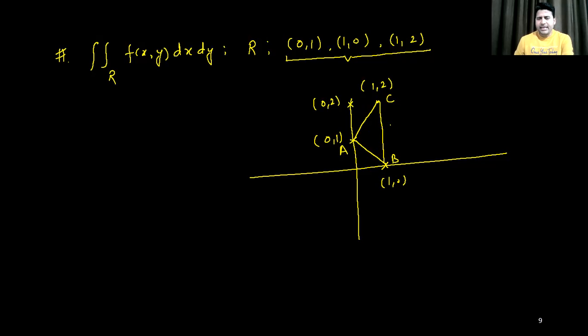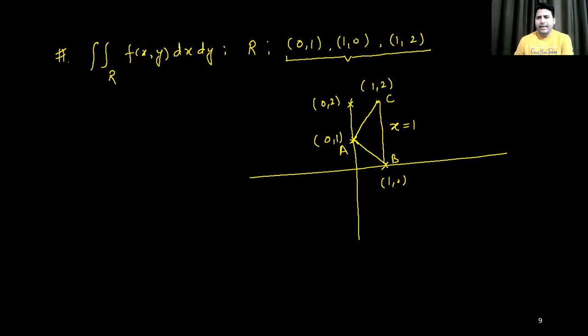As we can see, the equation of this line BC is x equal to 1. Moreover, we need to find the equations of lines AC and AB because they will be used when we are finding the limit. Now, how to find the equation of line AC? I hope you remember that we can find the equation of a line passing through two given points.